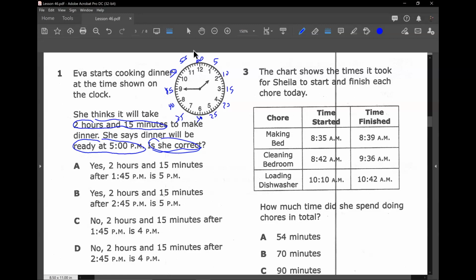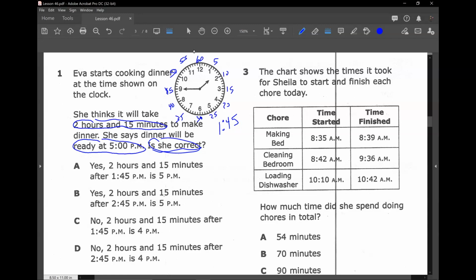Okay? So if we look at the smaller hand, it is pointing between 1 and 2, which makes it 1 o'clock. Why? Because it's past 1, but it's not quite to 2, so it would be 1 o'clock. So 1, I count by 5s to the other hand, 45. So 1:45 is the time on the clock.